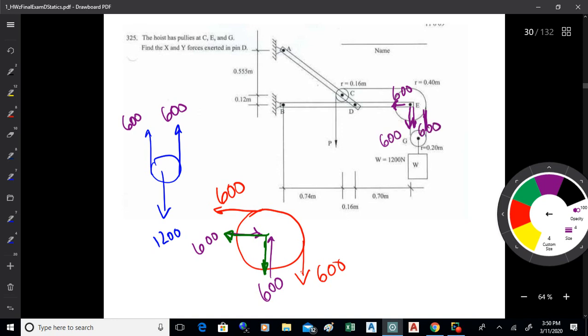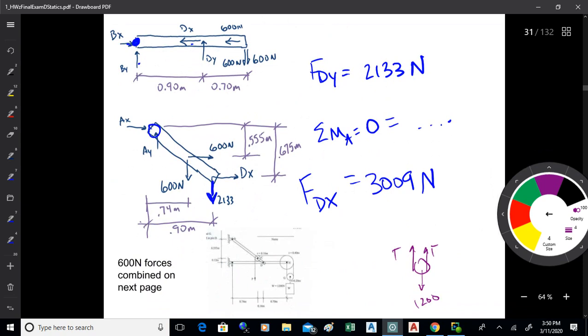I'm taking the first one, which is directly connected to E, and then I've got the 2 on the pulley, which both move to E. They're tension, so they pull, both of them. So I can put these 600 newton forces right at the pins, like that, okay? So once I've got those, my free body diagram looks something like that.